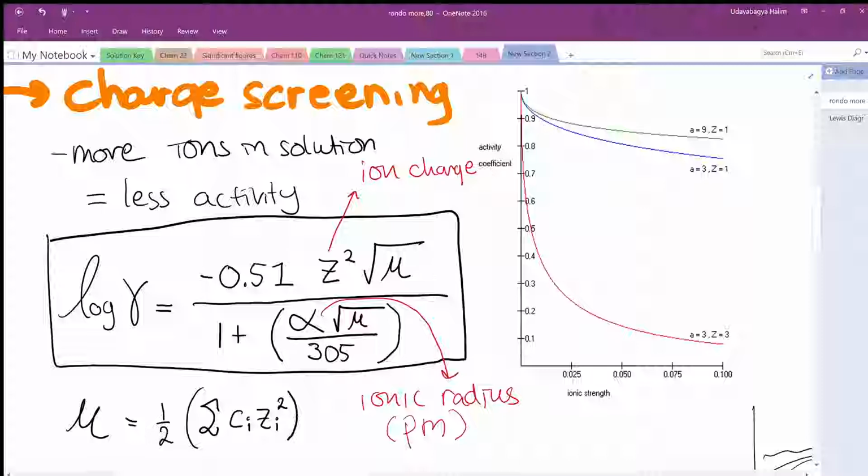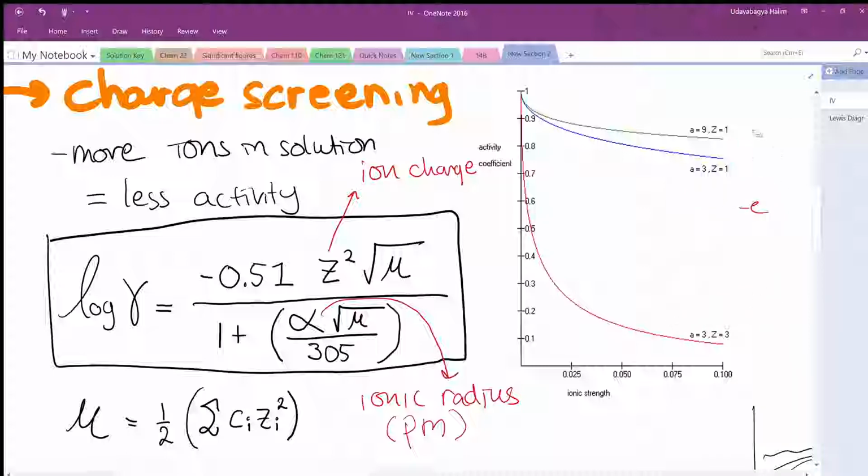If you compare these two graphs, the one on the top versus the one on the bottom, the bottom one has a smaller size and a larger charge. So the effect is going to be the same as what you've seen from the picture before.